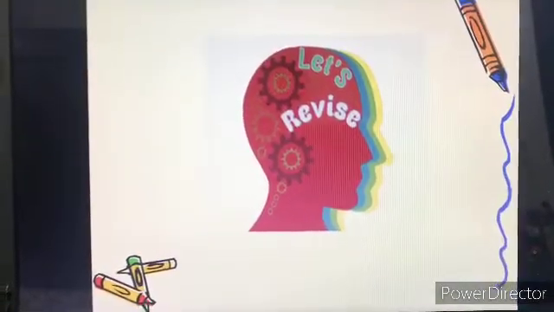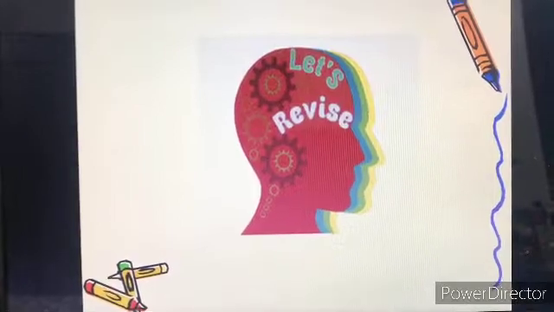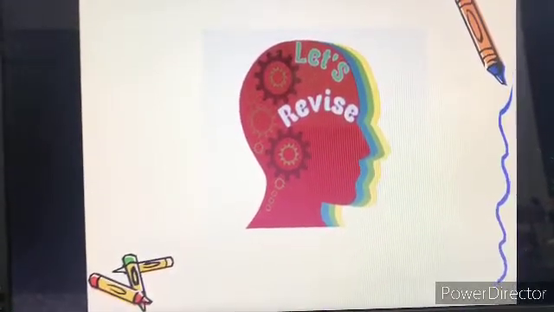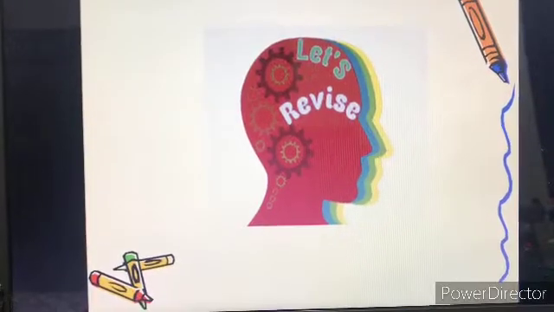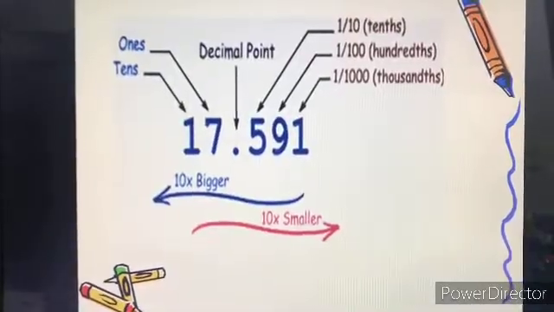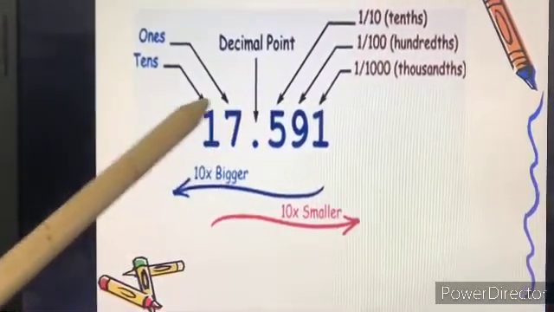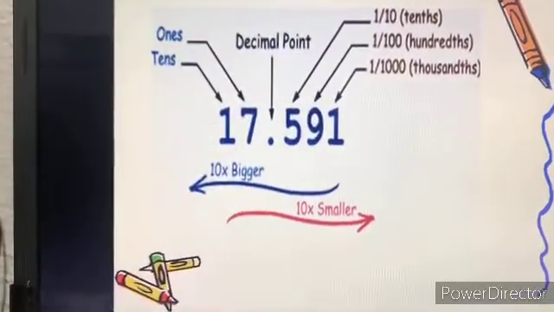Before starting rounding off, it's better to revise the previous lecture which we have already done on decimals. As we learned, a decimal is a point which separates the whole number from the fractional part.